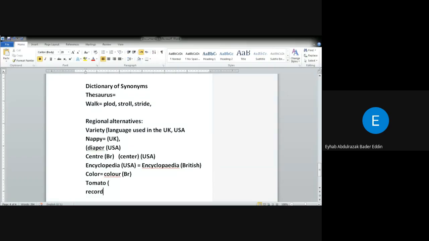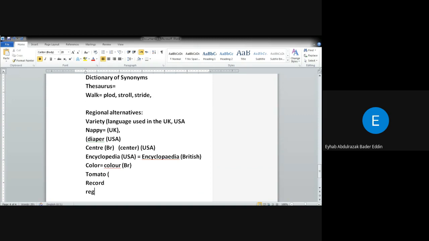For example, many words can be used both as a verb and as a noun, of course with a difference in pronunciation. For example, the word record, this is a noun, but record is a verb. So you need to check these words and know how they are used.